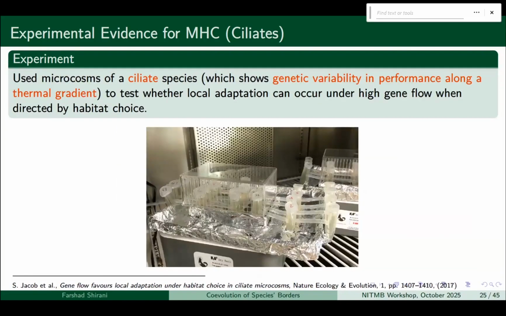In this experiment, they tested this dispersal behavior on ciliates, which show genetic variation in performance over a thermal gradient. So they have 3 patches. They inoculated the species on the central patch, and then they let the species move to the other patches. These patches are maintained at 2 different temperatures, one of them at 23, which is the core of the thermal niche of the species, as well as 35 degrees, which is the upper bound of the thermal niche of the species.